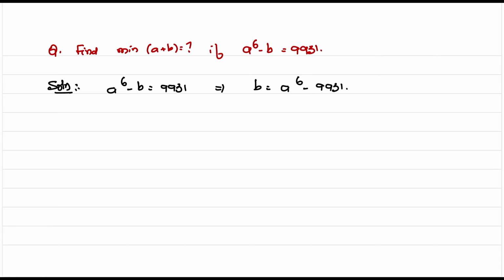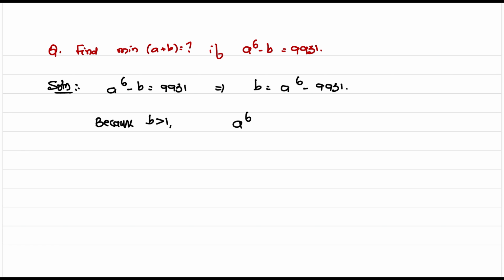That implies, because b is greater than 1, that is the condition given, a to the power of 6 should be greater than 9931.